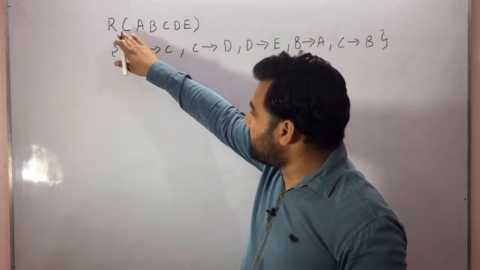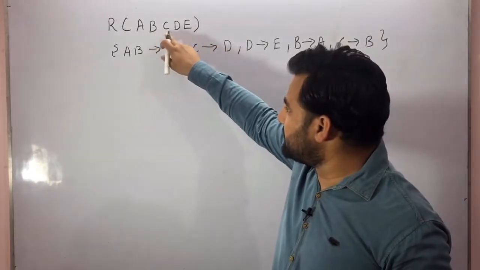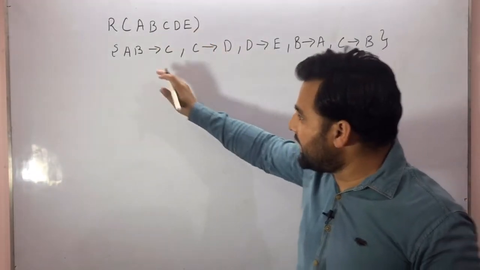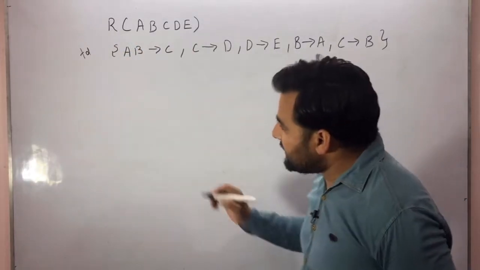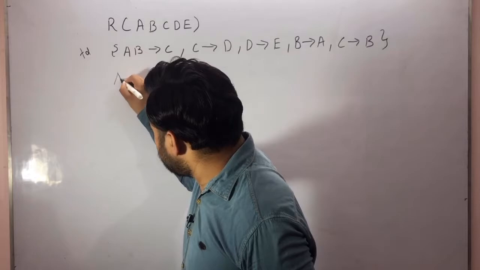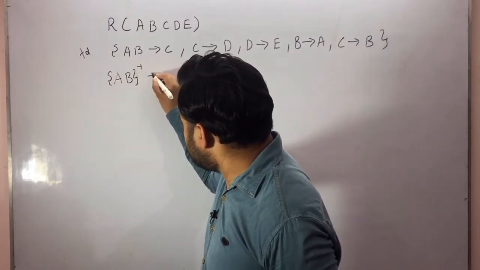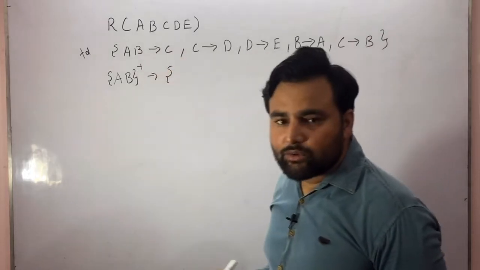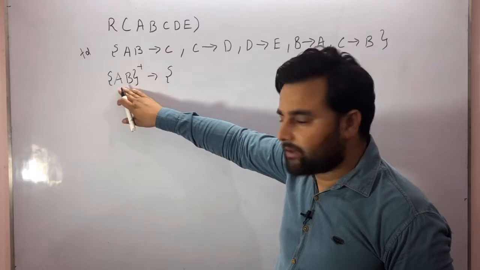In this example relation we have how many attributes? A, B, C, D, E, 5 attributes, and this is the functional dependency given. Okay, so how to find a candidate key? Firstly, we'll take the closure of AB, and see after taking the closure how many elements are determined by this AB.